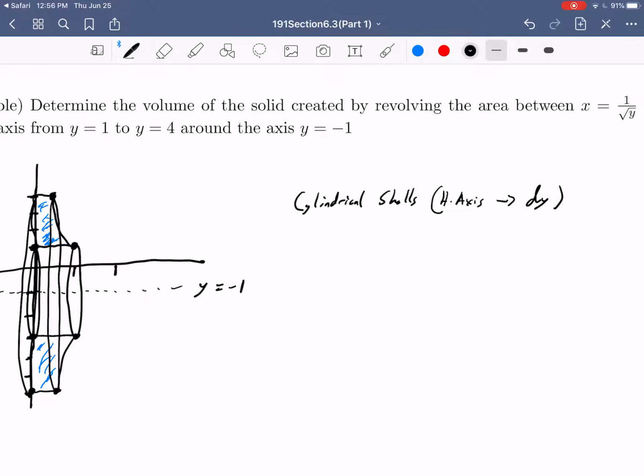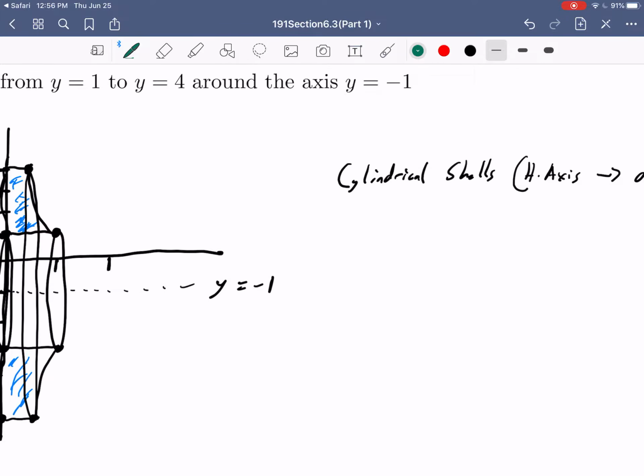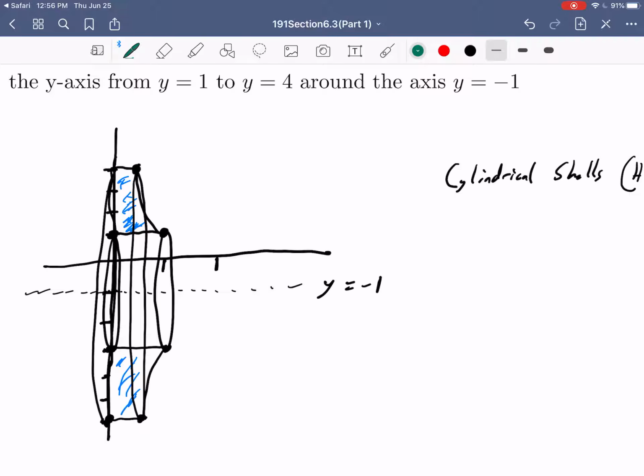So let's draw an example shell here. Since we're working dy, we want to select a y value somewhere in our region. So maybe here. Draw it over there, have it reflect down, somewhere like there, and there is our shell.